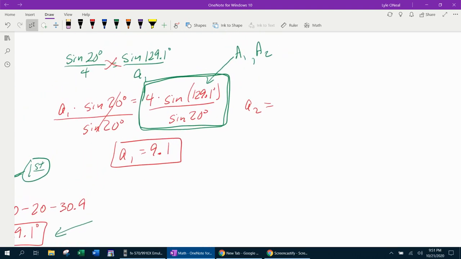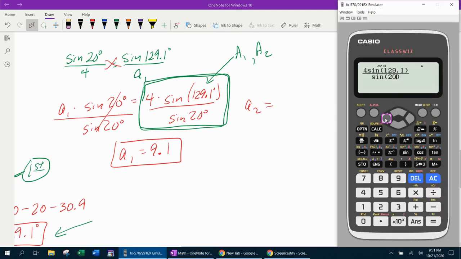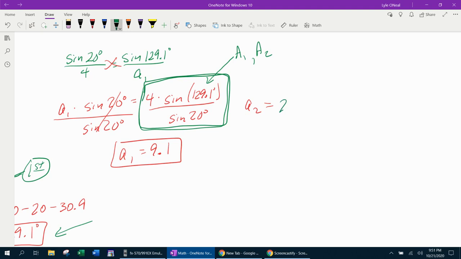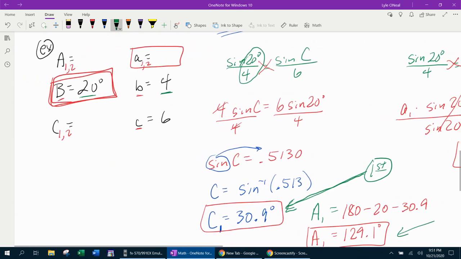Okay, so we're going to do the same button pushes. But instead of 129.1, we're going to use angle A2. Everything else exactly the same. 2.2 rounded. There's A2.